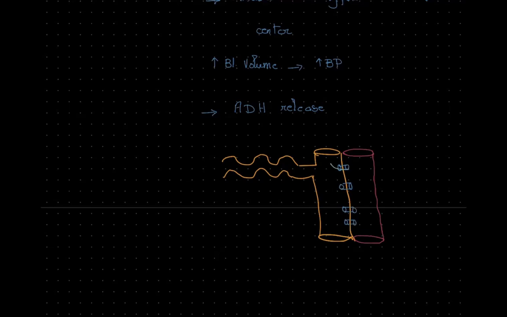So the water travels freely back from the kidney tubules, especially collecting ducts, back to my blood. This allows water retention. And as a result of retaining water, there will be an increase in my blood volume. And so an increase in my blood pressure will be taking place for me to get a normal blood pressure back.